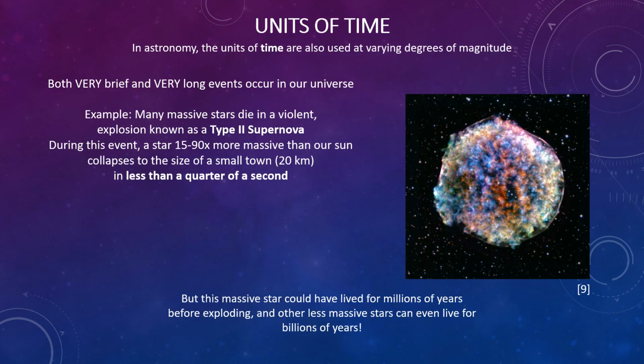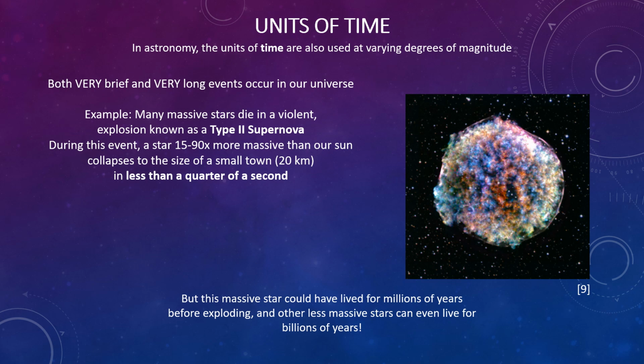The units of time also have a great scale and varying degree of magnitude in astronomy. We are concerned with events that happen in the blink of an eye. A supernova can happen, such as a type 2 supernova, which is the death of an extremely massive star, such as a star that's 15 to 90 times the mass of our own sun.